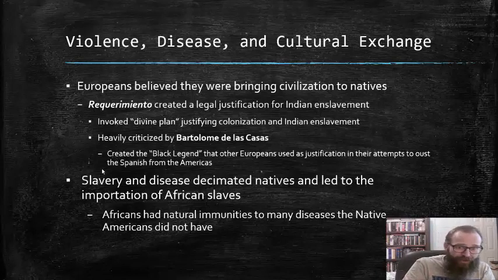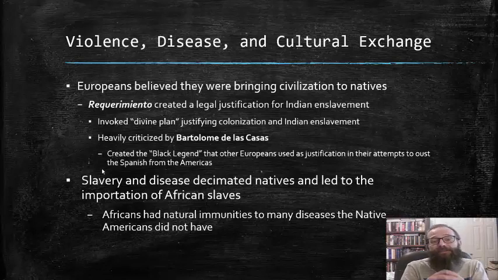But this black legend was something that other Europeans, particularly the French and the English, used as justification in their own attempts to colonize a new world and to oust the Spanish from the Americas.